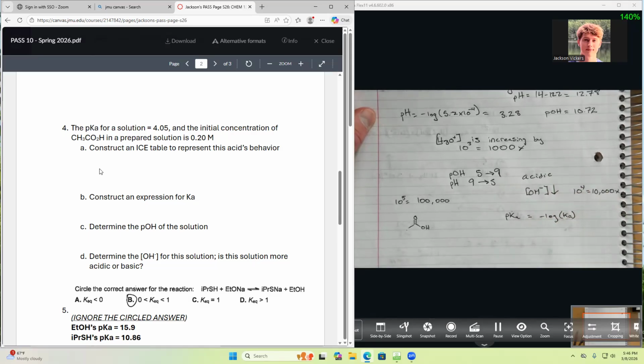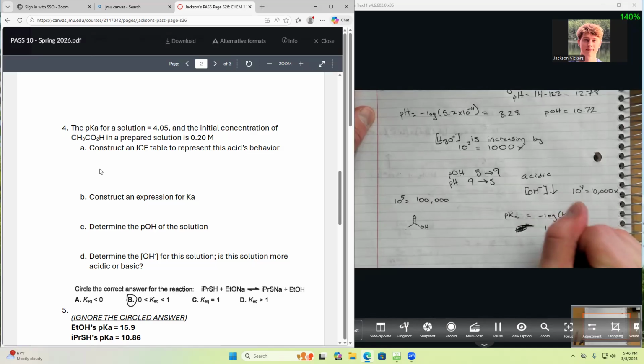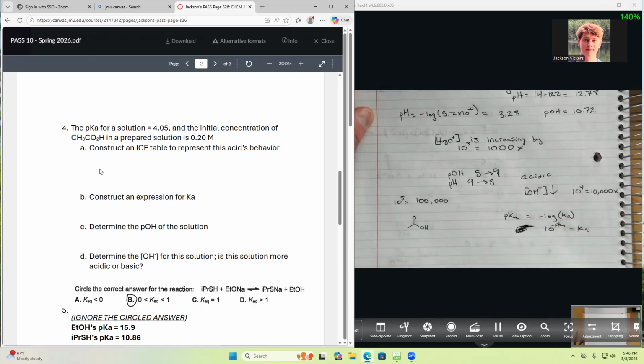And the way to go from pKa to Ka is 10 to the power of negative pKa. That's right, that is our Ka. Make sure you do that in your calculator. First things first, we want to make sure we have a Ka value instead of a pKa.